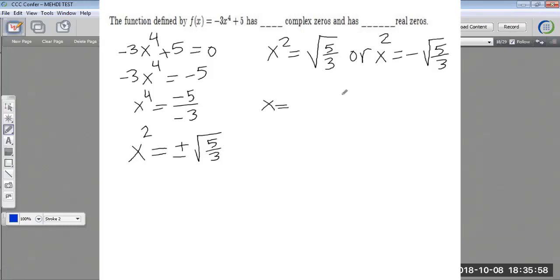So x then would be equal to plus or minus the 4th root of 5 over 3, or x is equal to plus or minus the 4th root of 5 over 3 times i, because we have this minus here, and the square root of minus 1 is equal to i. So this function has 4 complex zeros and has 2 real zeros.